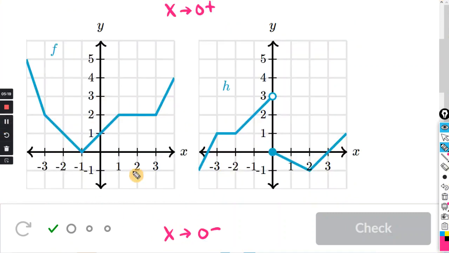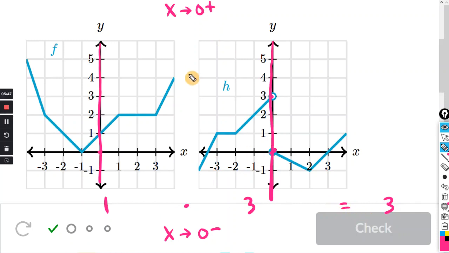All right, x approaches 0. We go to x equals 0 in both cases. Right there, x equals 0. From the negative side, coming from this side here, we land on 1. On the other graph, from the negative side, we land on 3. 1 times 3 equals 3.